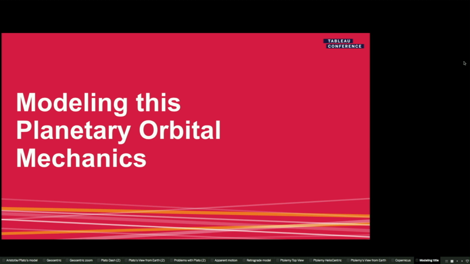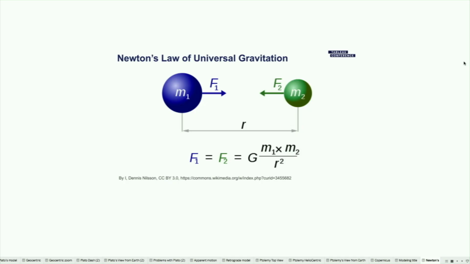So what we did now is we started to model the orbital mechanics from high school. Remember high school? This is classical algebraic gravity. So at any instant, this is Newton's formula for gravity, and in Tableau we can predict the position of the Earth.